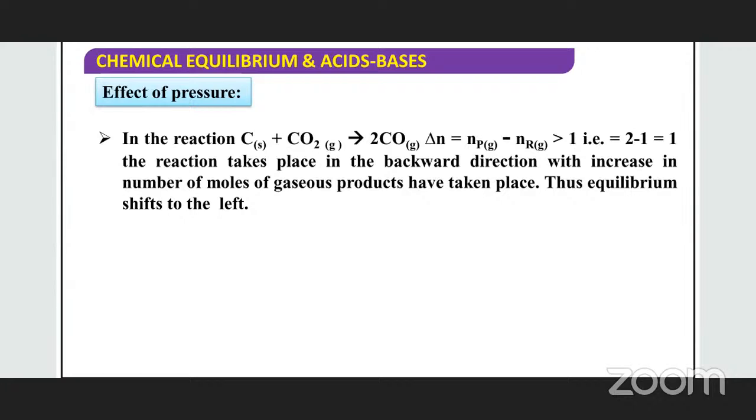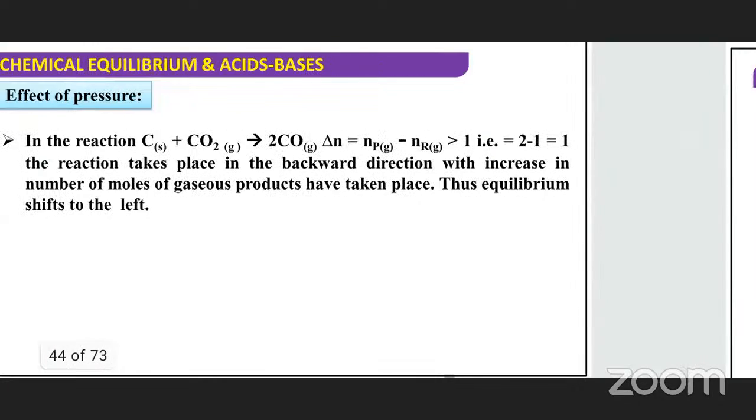It means a decrease in the pressure of the system at equilibrium shifts the equilibrium position in the direction in which the volume or number of moles increases. Thus the equilibrium shifts to the left side.